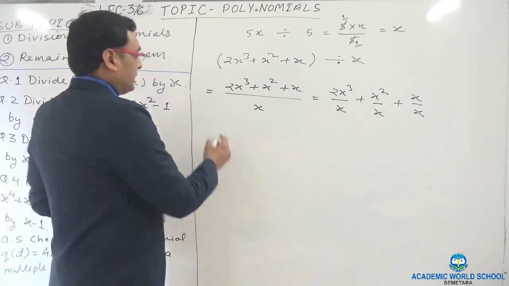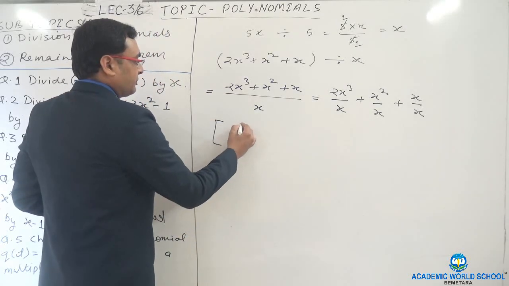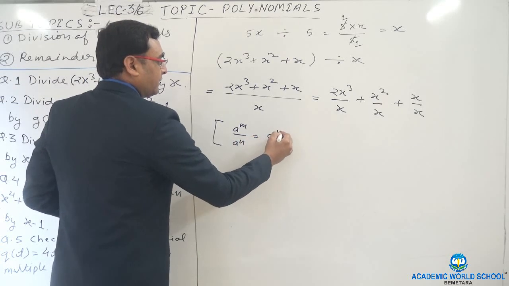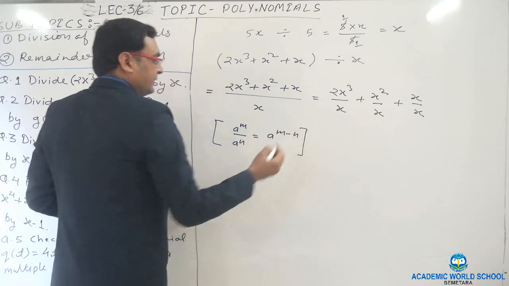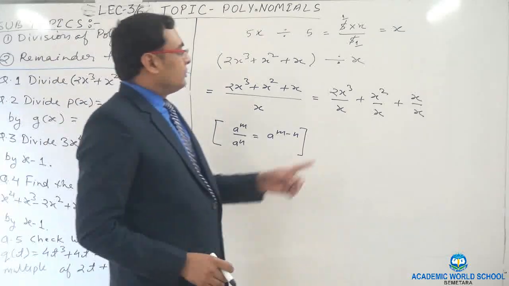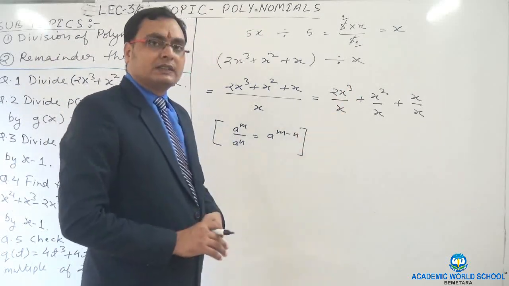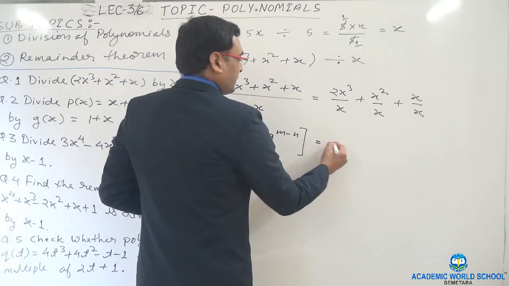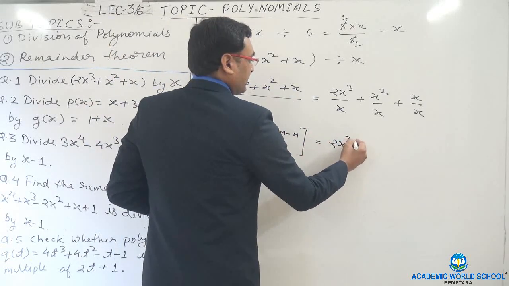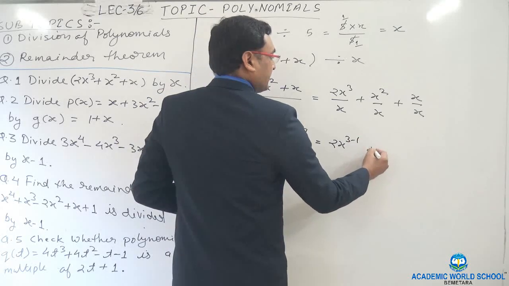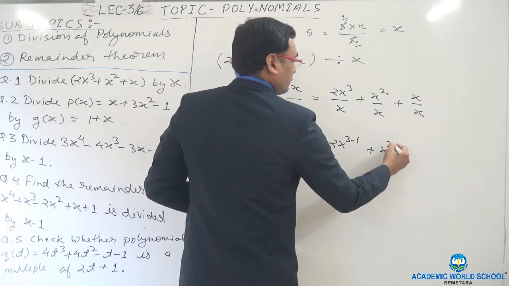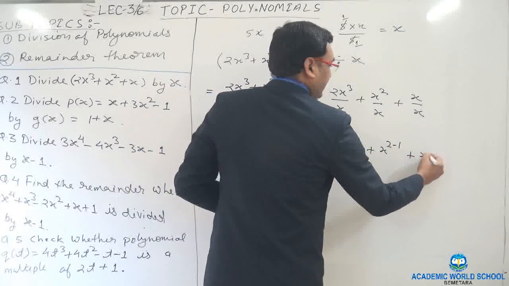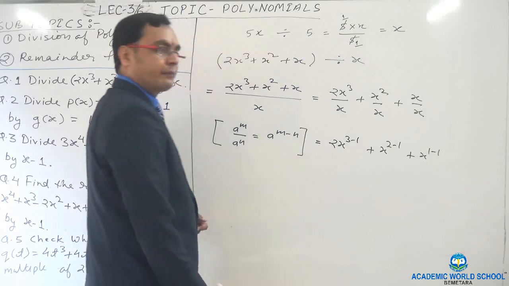You already know the identity: a to the power m divided by a to the power n is equal to a to the power m minus n. We have studied this. So x to the power 3 divided by x will be x to the power 3 minus 1, that is 2. So you will write here 2 x to the power 3 minus 1 plus x to the power 2 minus 1 plus x to the power 1 minus 1.